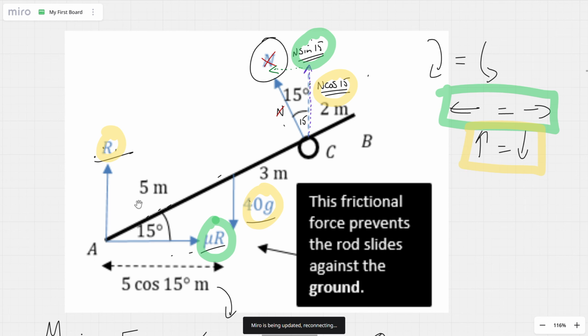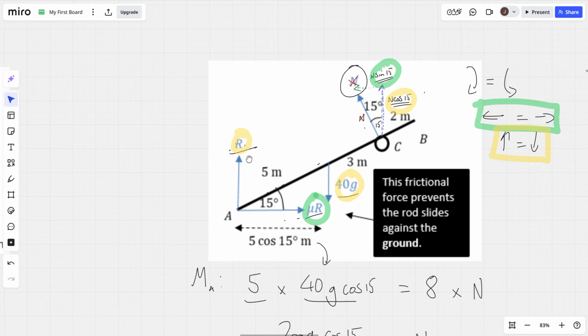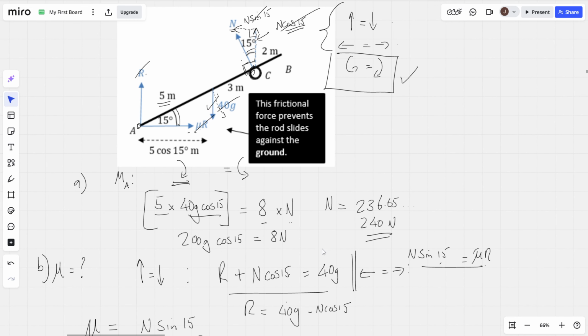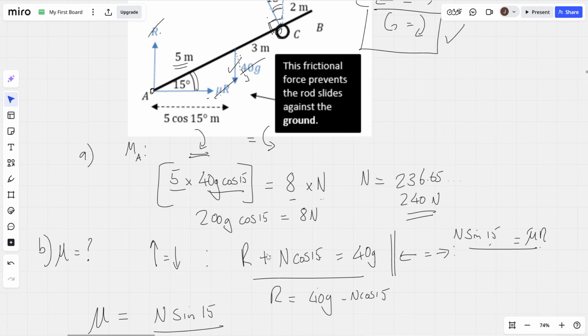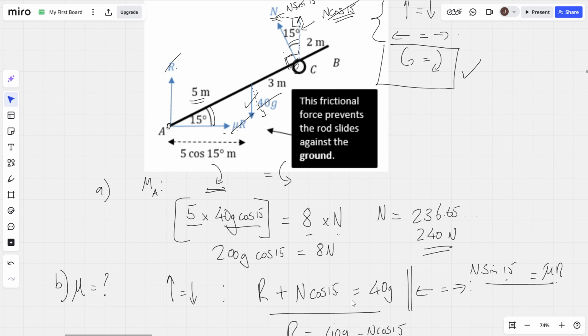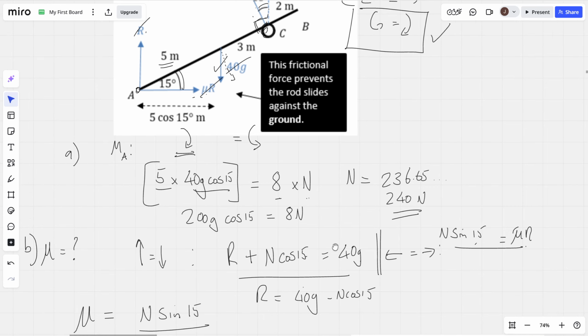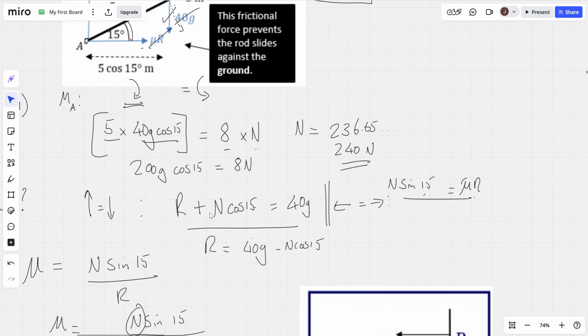So I'm going to zoom ahead a little bit now, because I've done this one before the video timed out on the previous one. So I'm going to say then that R, which is the up force, n cos 15, which is another up force, equals the force down, 40g. So that's this one here.